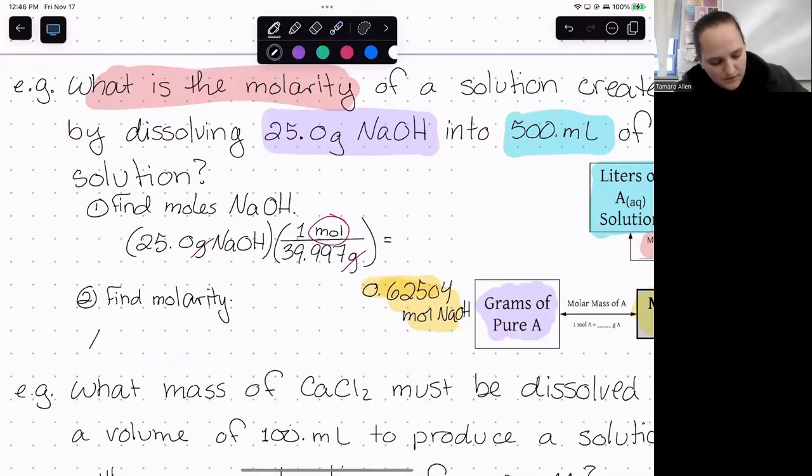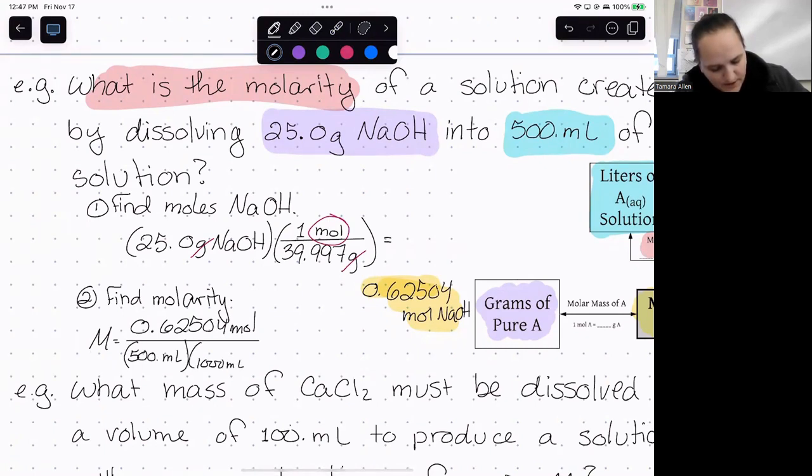to liters. So our molarity is going to be the number of moles we just found, 0.62504 moles divided by 500 milliliters.